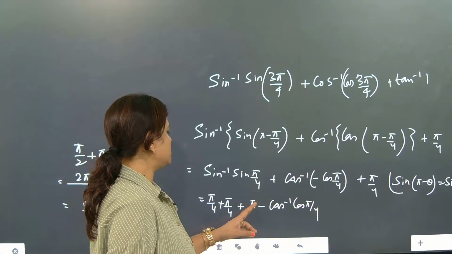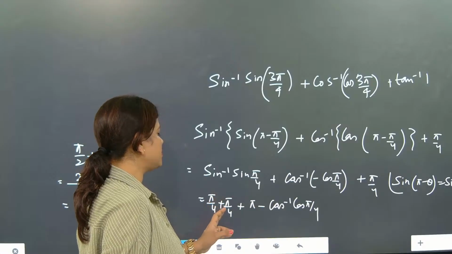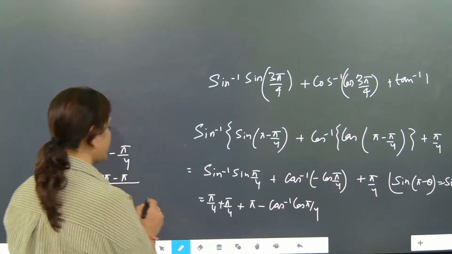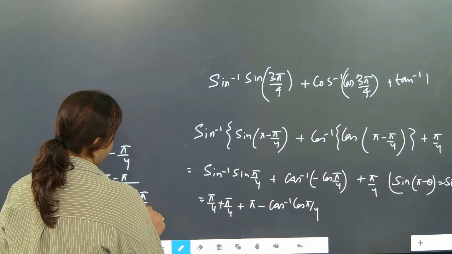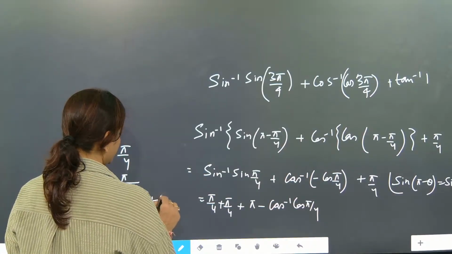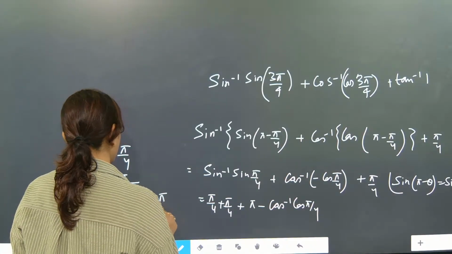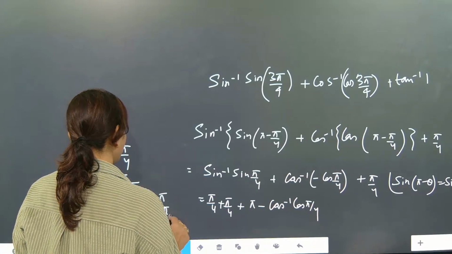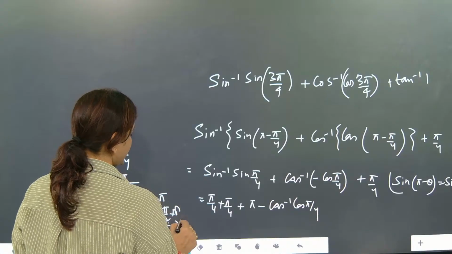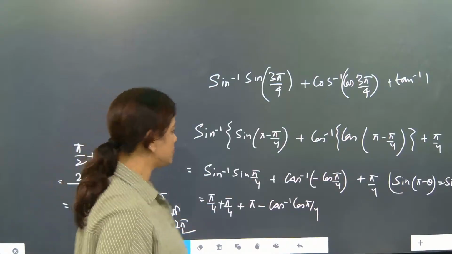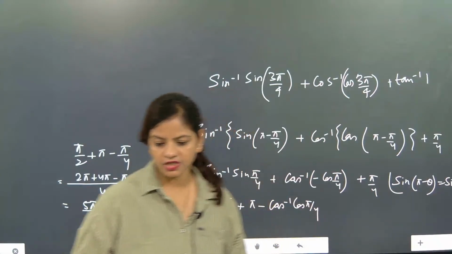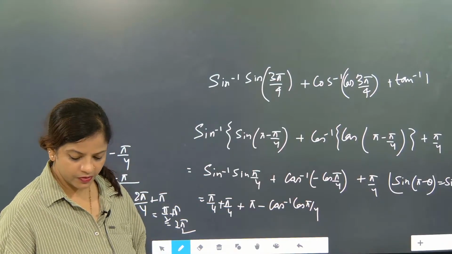If I add this one out, it will come as 3 pi by 4, 2 pi by 4, and then plus pi will be coming, meaning it is coming as pi by 2 plus pi. So 3 pi by 2 is coming. This section will not be added or added. Check this one out. 3 pi by 4.